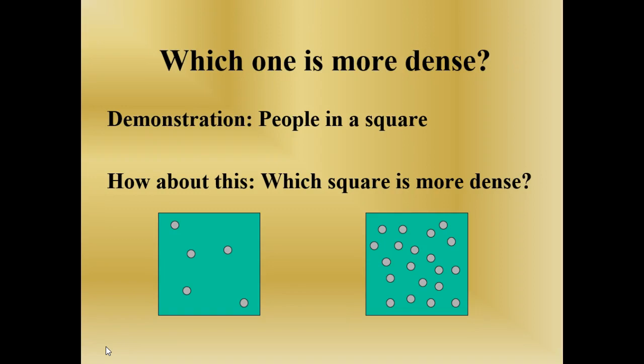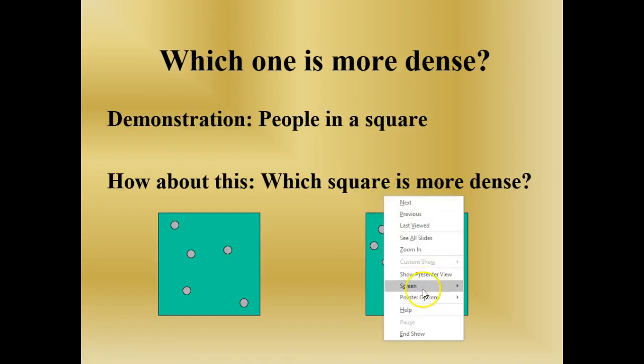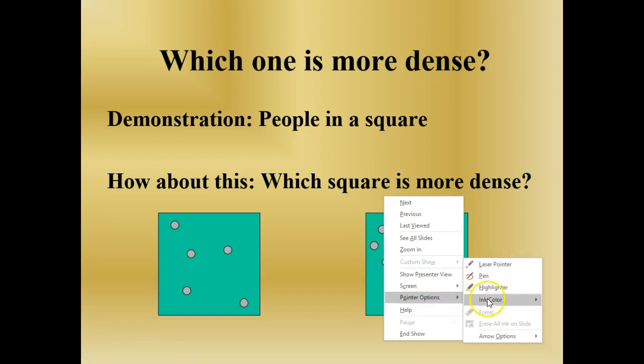Okay, which one is more dense? Take a look at these two squares. The dots represent people in a square. Which one is more dense? If you said that this one is a higher density, then you're correct, because remember, it's how tightly packed something is.